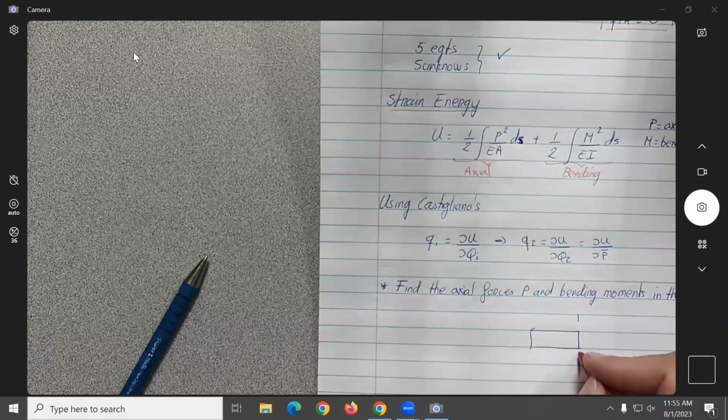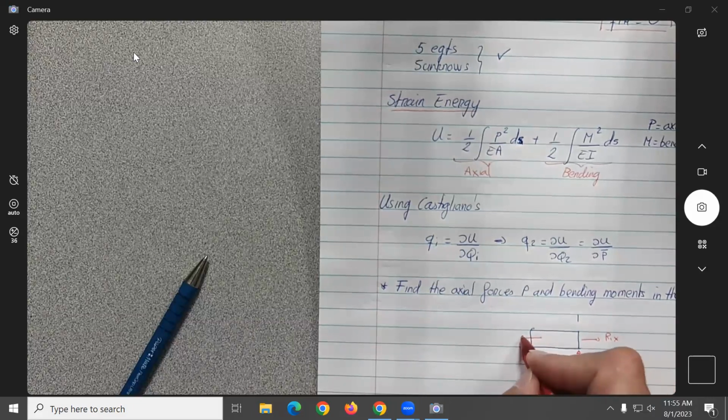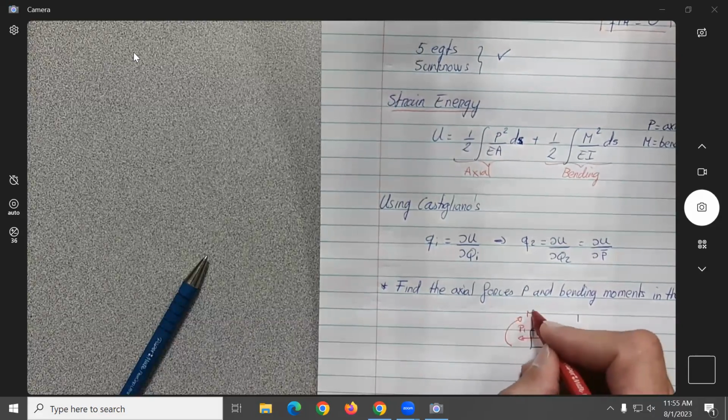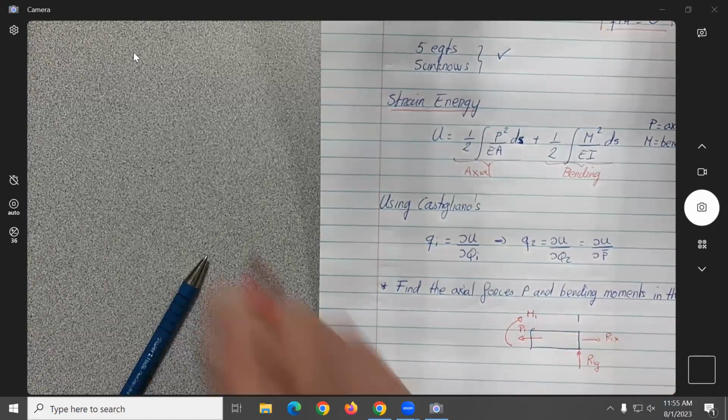Here we have R1Y, R1X. Here we're gonna have P1, which will be the actual force, and this will be M1.